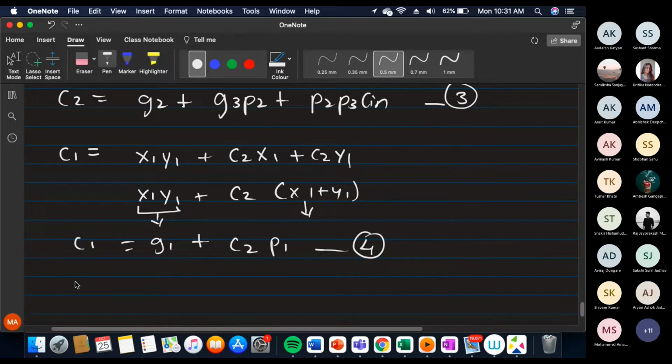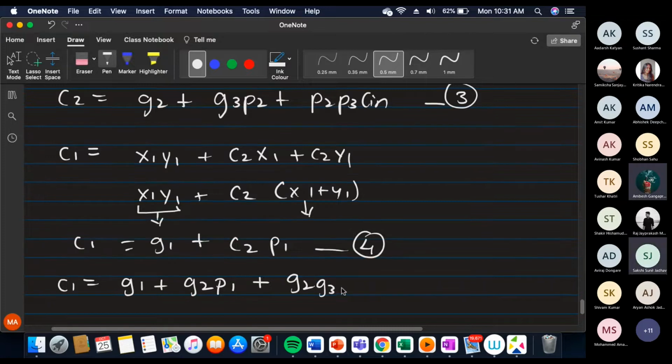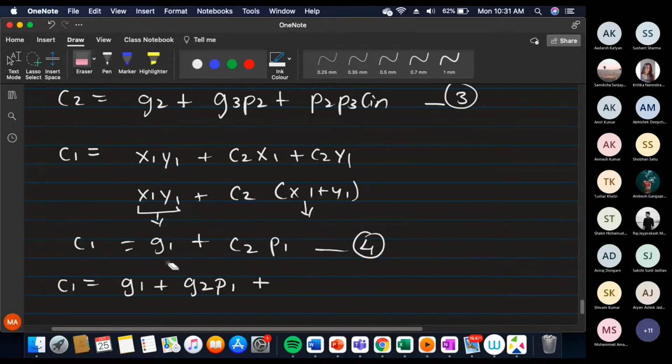So C1 will be equal to G1 plus C2 P1. I'll write it in brackets, that would make my life easier. So G1 plus, what is C2? G2 plus G3 P2 plus P2 P3 C in, and you multiply each with P1.